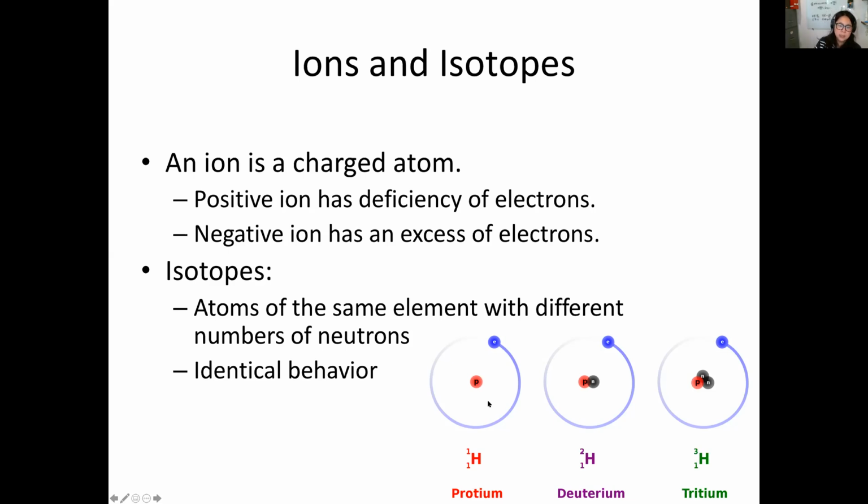Hydrogen has 1 proton and 1 electron. That's the typical hydrogen. However, some hydrogen have 1 proton, 1 neutron and 1 electron. Or some other hydrogen have 1 proton, 2 neutrons, and 1 electron.